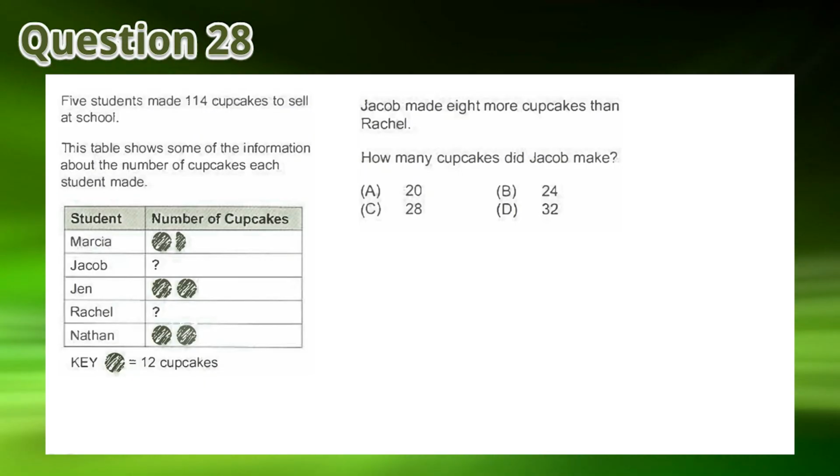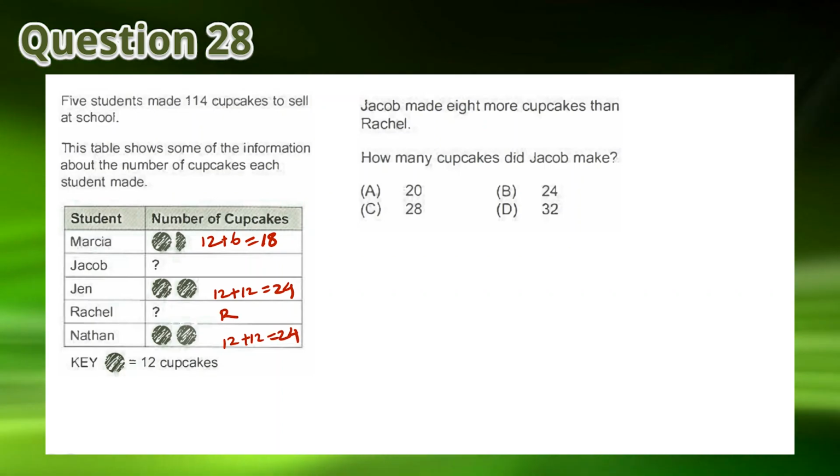Since each circle is worth 12 cupcakes, Marcia has 12 plus 6, which is 18 cupcakes. Jen has 12 plus 12, which is 24. And Nathan has 12 plus 12, which is 24. Let Rachel have R cupcakes. Since Jacob has 8 more cupcakes than Rachel, Jacob has R plus 8 cupcakes.